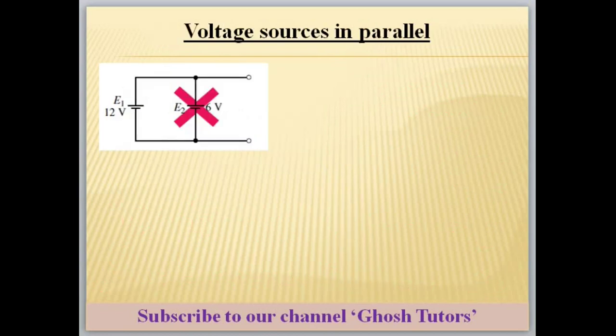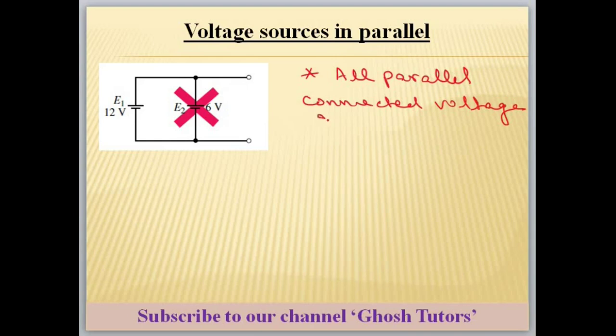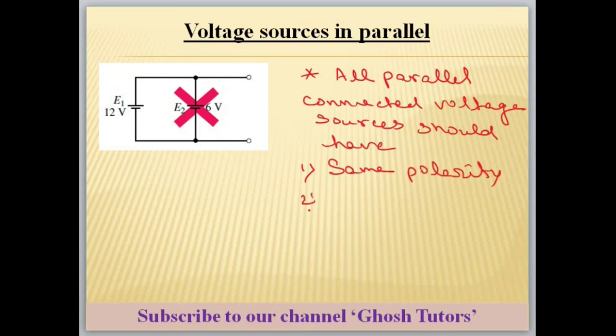Now we can see what will happen if voltage sources are connected in parallel. If voltage sources are connected in parallel, there is always one necessary condition: all the parallel connected voltage sources should have, first, the same polarity, and second, the same EMF.